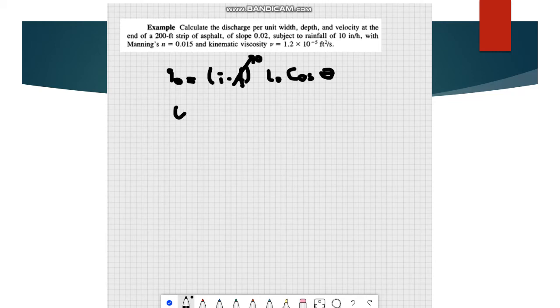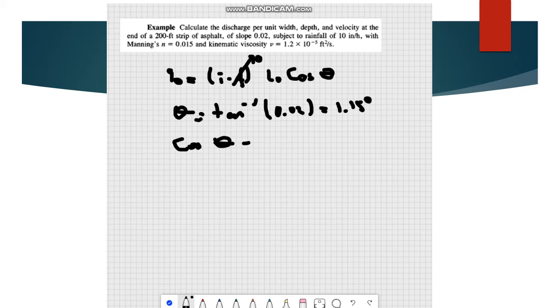Theta is tangent minus 1 of 0.02, which is 1.15 degrees. When we multiply by cosine theta, cosine 1.15 degrees is almost 1. So it's negligible. It's almost horizontal, right?